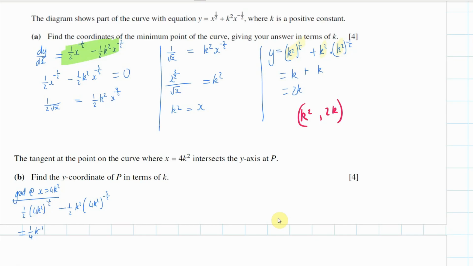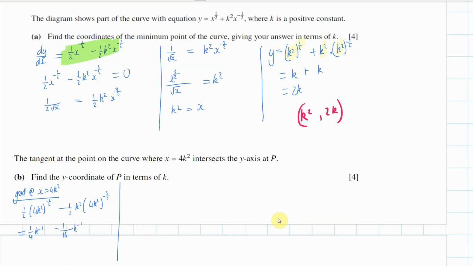Yeah, it's 1/8, and then I'm going to times that by the 1/2, so that should be 1/16. Now let's look at the k's. K squared to the power of negative 3/2 would be k to the negative 3, and then I'm timesing that by k to the 2, so this should be k to the negative 1 as well.